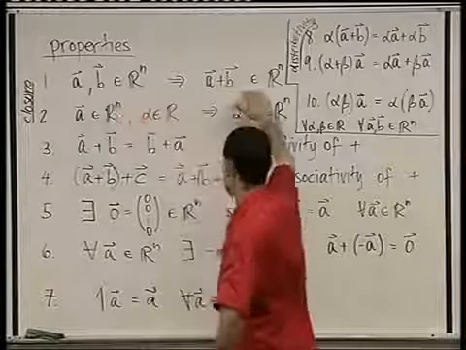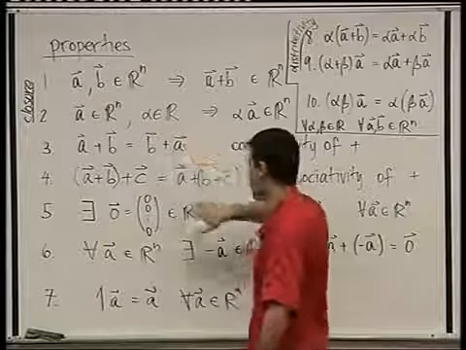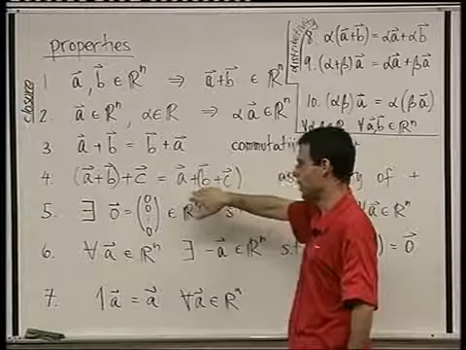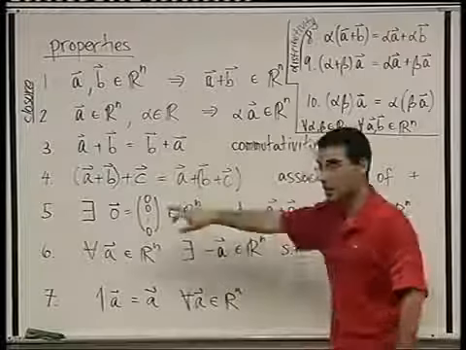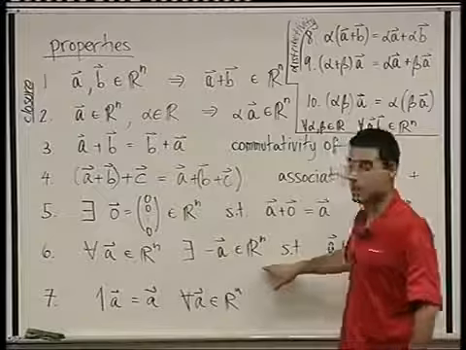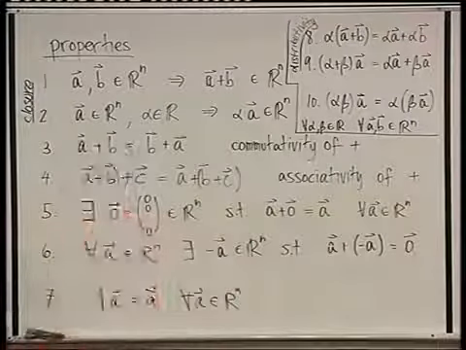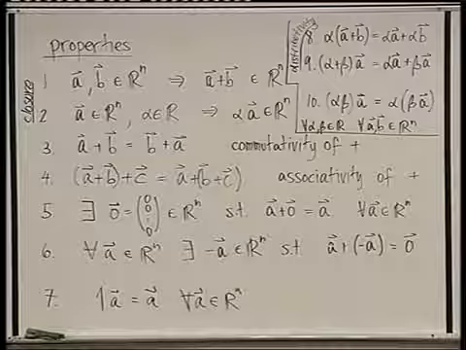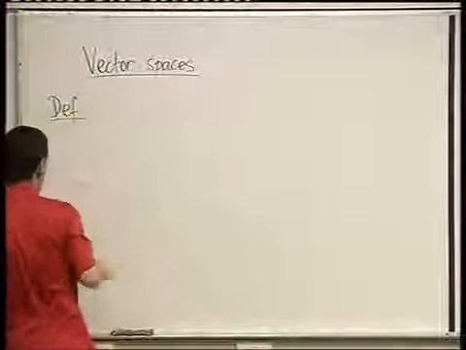It's closed under addition. Addition is commutative. That's a commutative group. Addition is associative. That's property number 4. There's an additive identity. That's property number 5. And there are additive inverses for every element. That's property number 6. Good? So this is what I'm going to write now. I'm going to write the definition of a vector space. Okay?